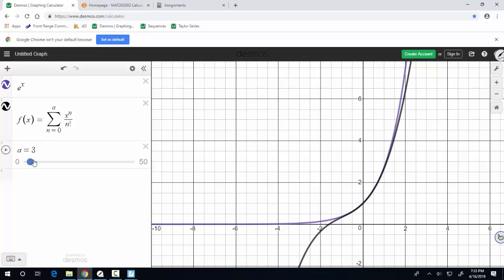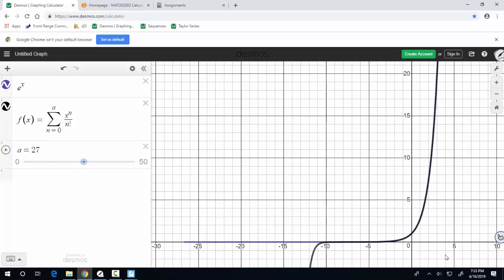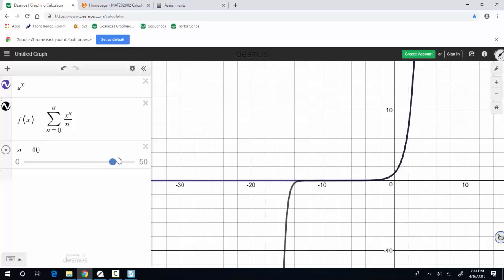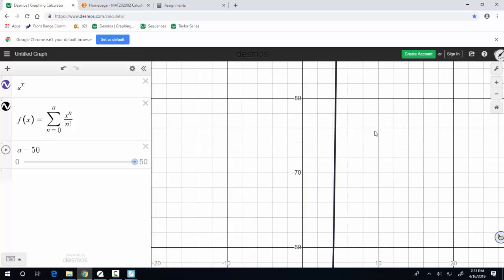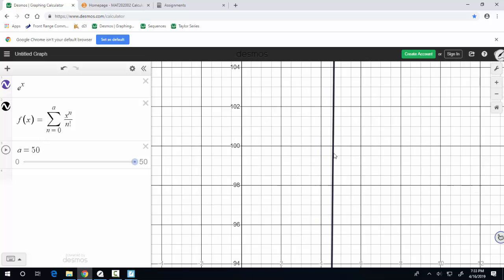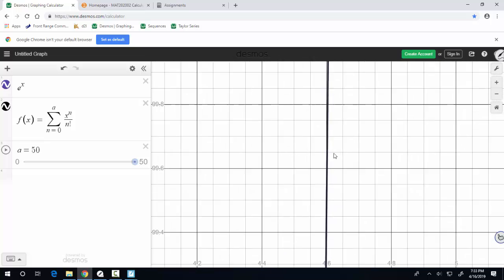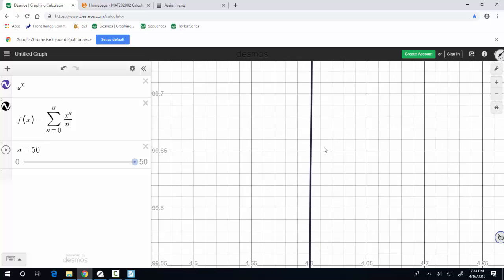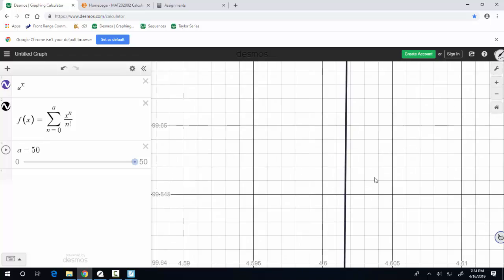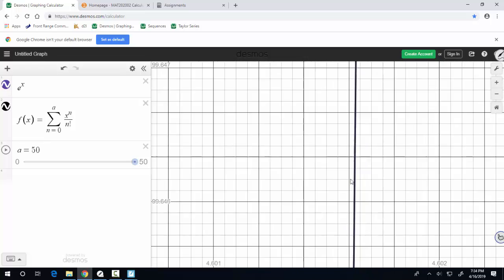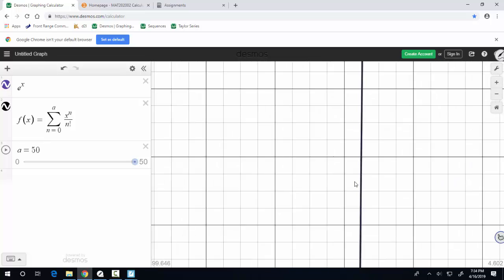Third degree Taylor, fourth degree, fifth degree, 27th degree, 50th degree. But even over here, we start to see that divergence between the sum and the function become pretty insignificant. There is a difference. I don't know if this will let us get close enough to actually see that.